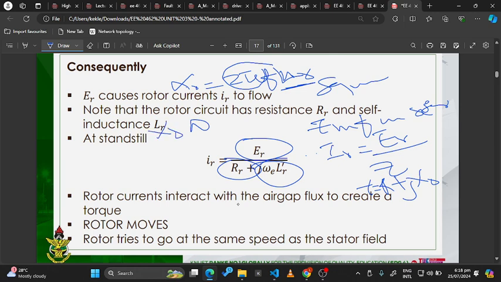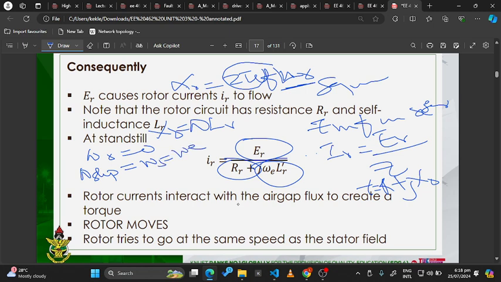So then XR can be written as omega LR. Then I said that at starting your omega R is equal to zero, and the angular frequency that the rotor sees is that of omega S or omega E, which is the synchronous speed.